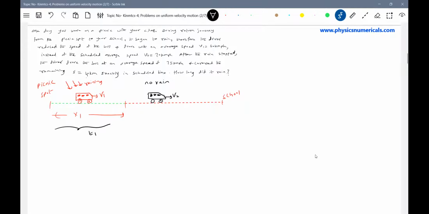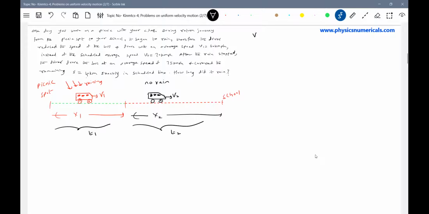The bus will move at an average speed of V2, and will cover a distance X2 in an interval of time T2.